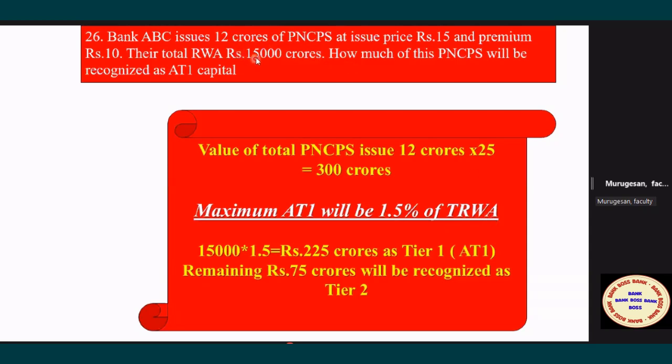What are the total risk-weighted assets? 15,000. So 1.5% of 15,000 means 225 crores will be put as additional tier 1.